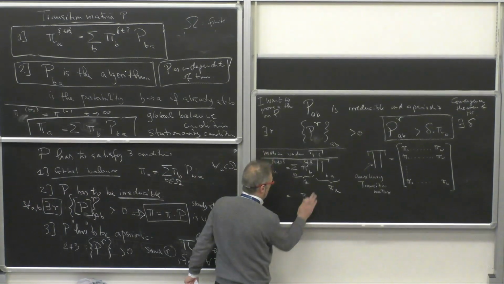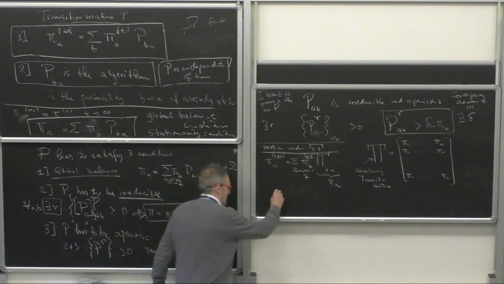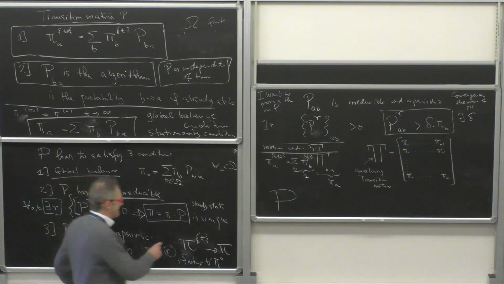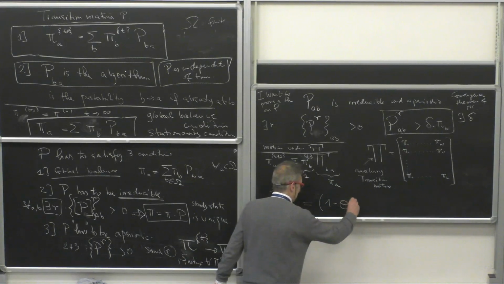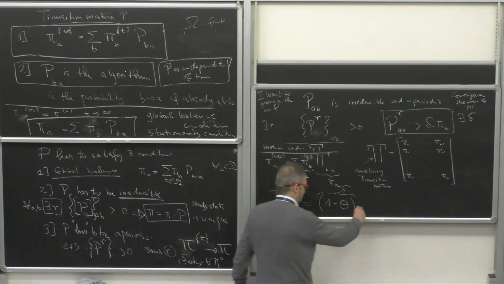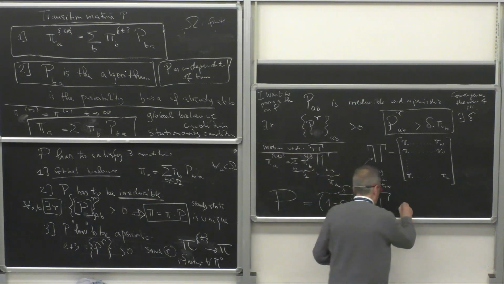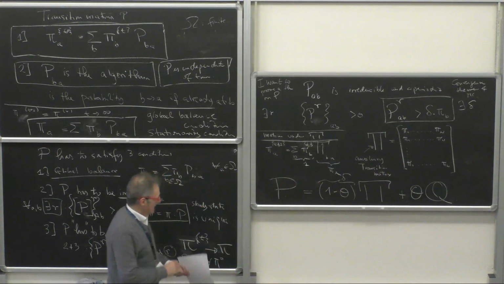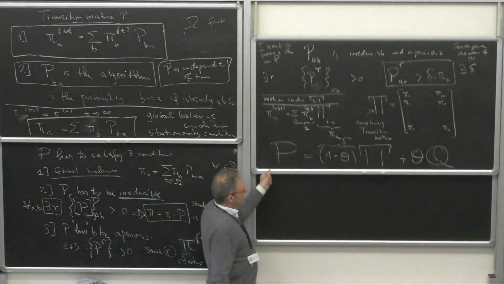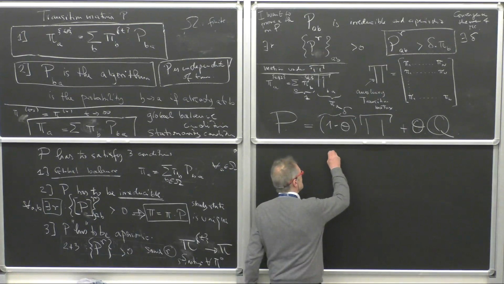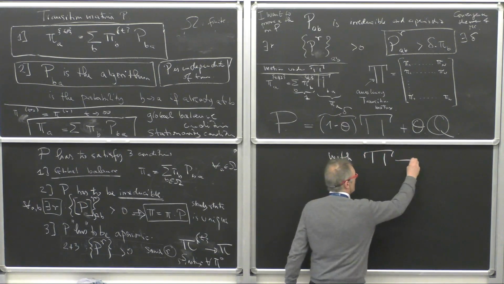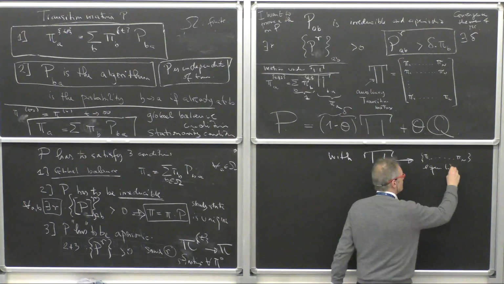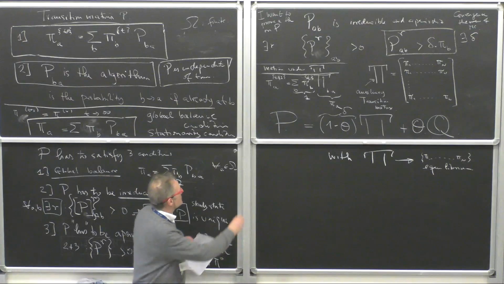Now what is easy to see is the following. The transition matrix that I'm interested in, P to the power r, can be written as delta times capital Pi plus theta times Q, with capital Pi getting me into equilibrium immediately.